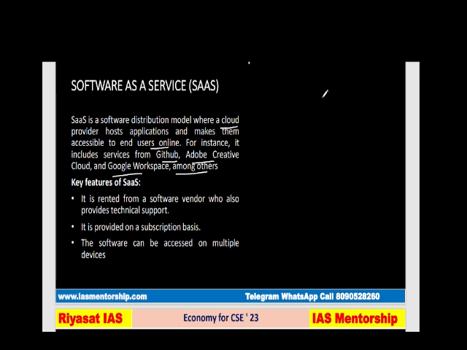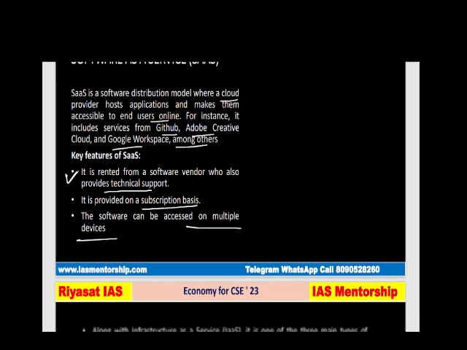Basically, this Software as a Service is providing us with various options with which we want it. Key feature क्या है? It is rented from a software vendor who also provides technical support. Rented होता है ये. It is on a subscription basis and it can be accessed on multiple devices. बहुत सारे devices पे आप access कर सकते हैं. Mobile, laptop, tablet, etc. Okay?